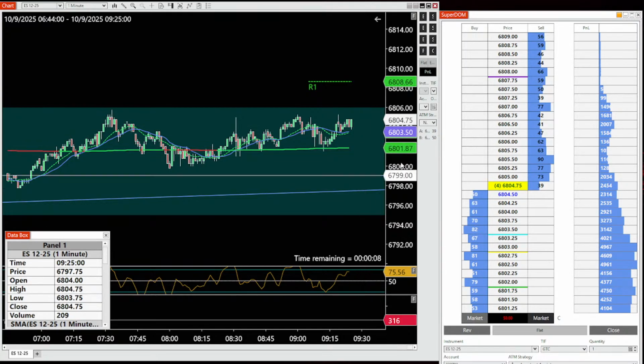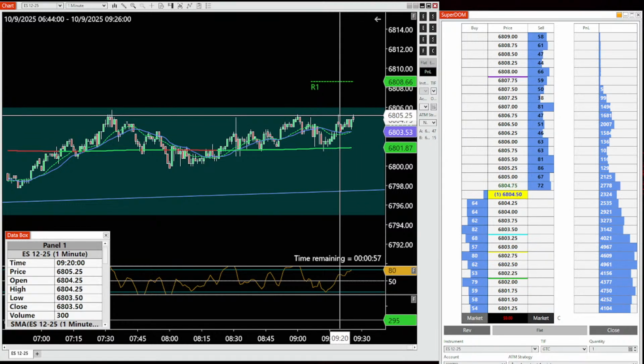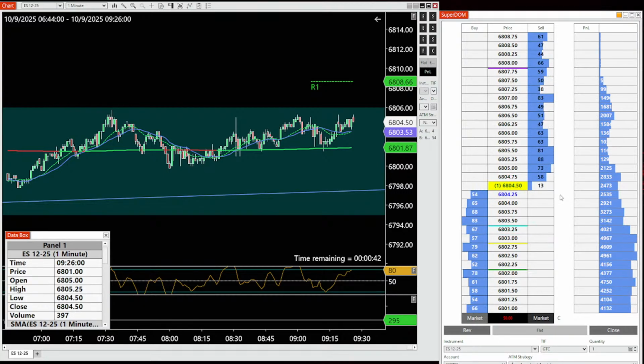05 to 08, 04 to 08, 450 to 08. There we go. Looks like no. That 05, they're stacking. 05 to 0550. Keep stacking those orders.